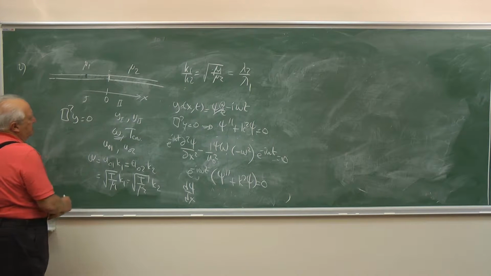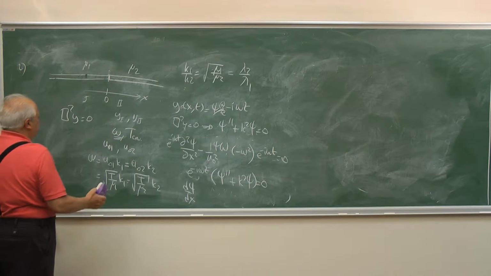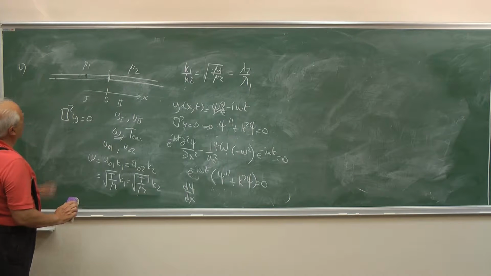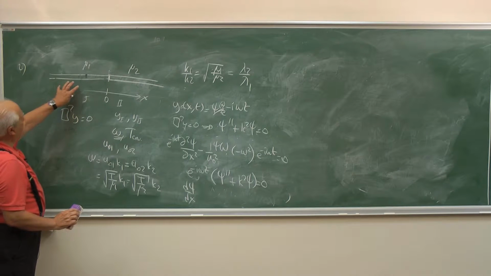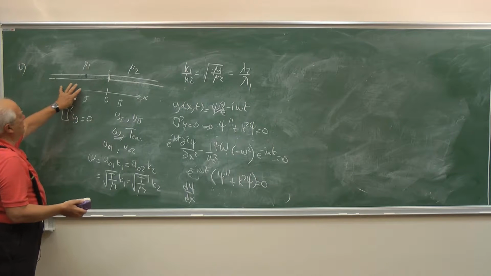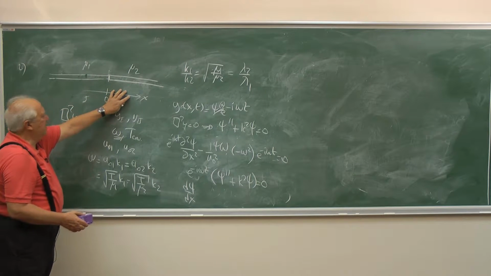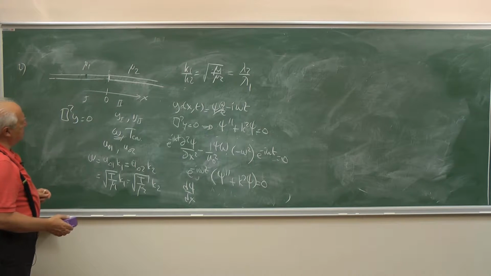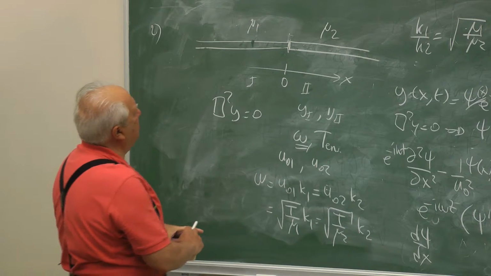So with that preparation, we now try to solve this problem. Namely, the solution here we guess. The solution here we guess. And then we have a matching condition at x equals 0. So one condition is obvious.